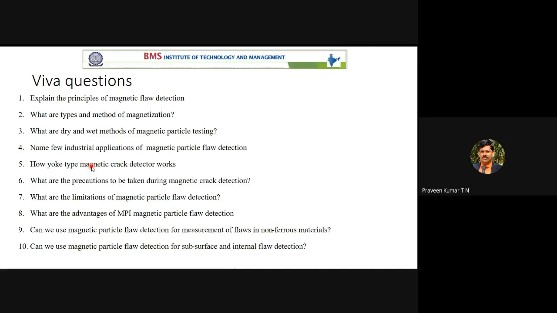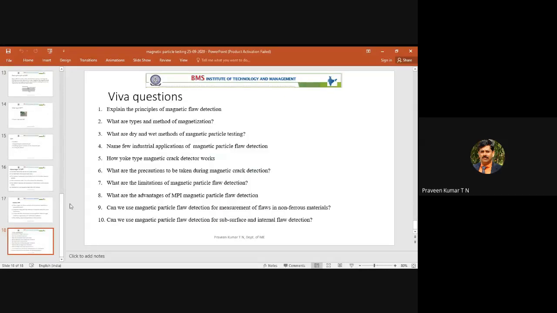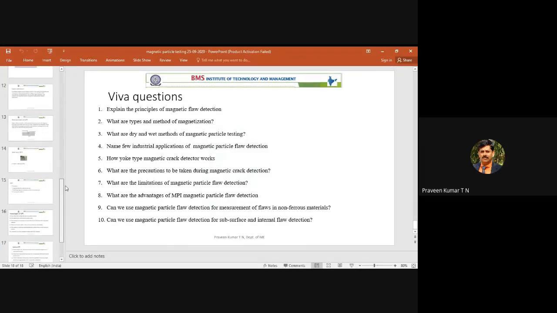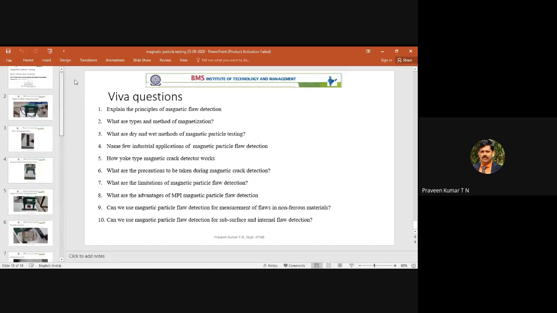It can be used only for surface as well as subsurface flaw detection. There is no definite boundary, but subsurface means a depth of a few mm.